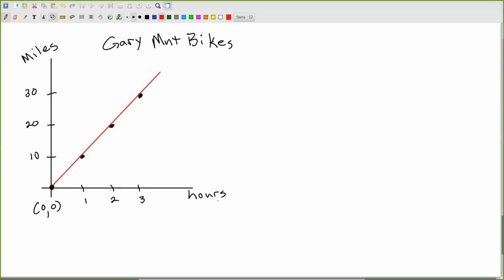So if I say hours is the variable x and miles is the variable y here, in the previous page, I said my slope was 10. And I'm just keeping track of how much I biked today, right? And at first I haven't biked anywhere. Then all of a sudden I get on my bike and I start pedaling.